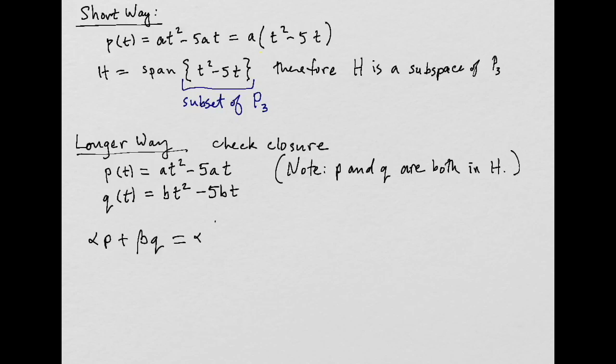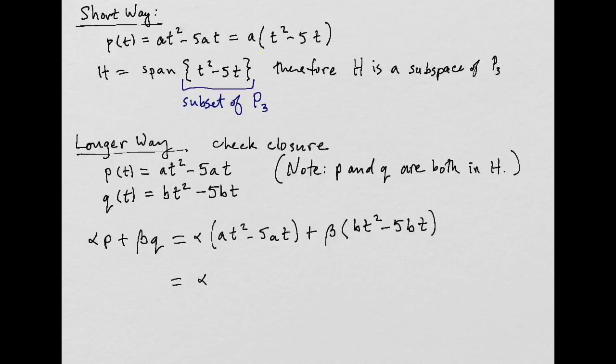We have alpha times p, that's a t squared minus 5at, plus beta times q, which is b t squared minus 5bt. Then we just use the definitions of scalar multiplication and vector addition in this vector space P3.